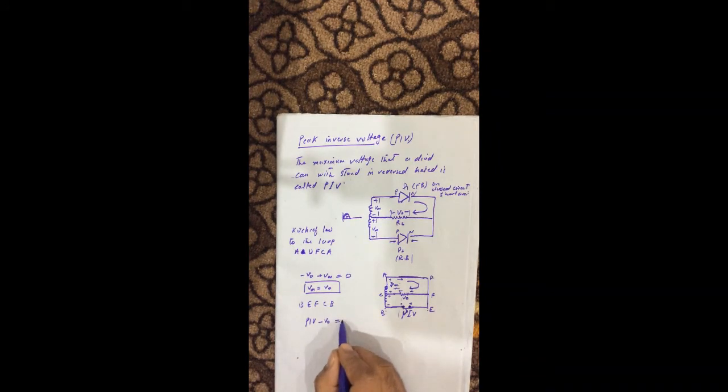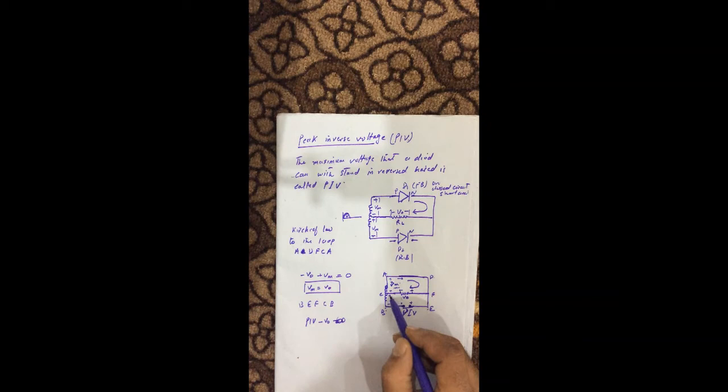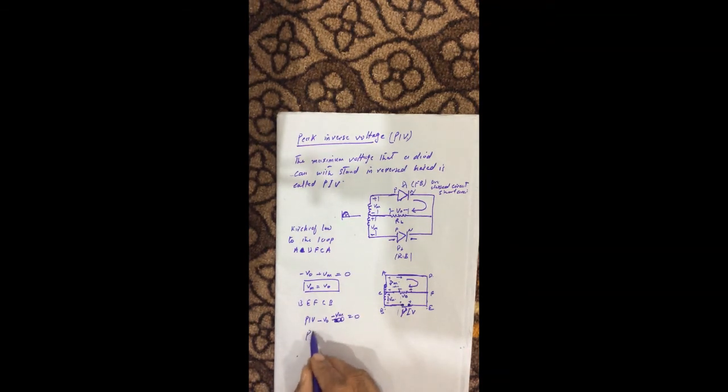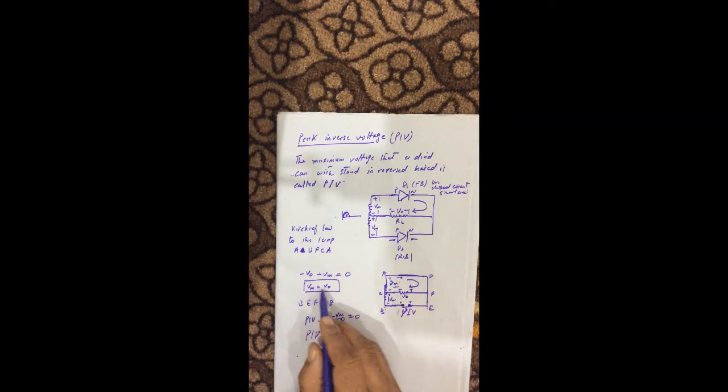Then I reach this end, and going from positive to negative, in between we have the maximum voltage Vm, which is also negative. So PIV minus V0 minus Vm is equal to 0. PIV minus 2Vm is equal to 0. PIV, the peak inverse voltage, is equal to 2Vm.